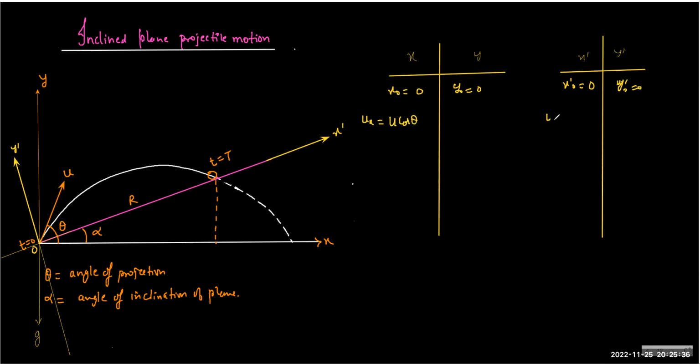What is ux dash? U cos theta minus alpha. Very good. What is uy? U sin theta. What is uy dash?